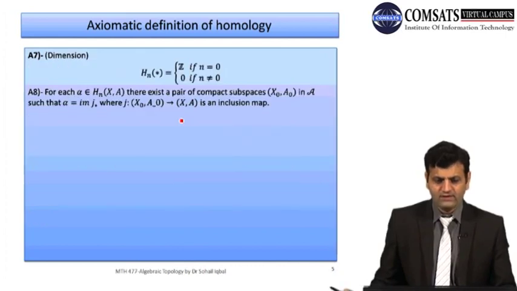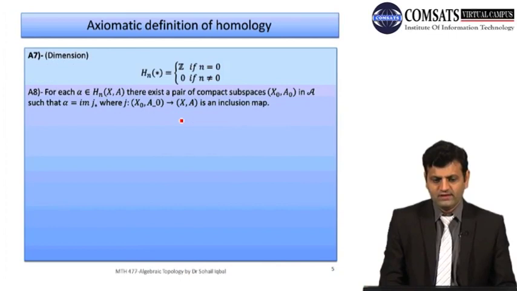Axiom number 7 is the dimension axiom. It says that if we are calculating the homology group of a point, so this star represents a point, then the homology group is Z if n is 0 and it is 0 for n not equal to 0.